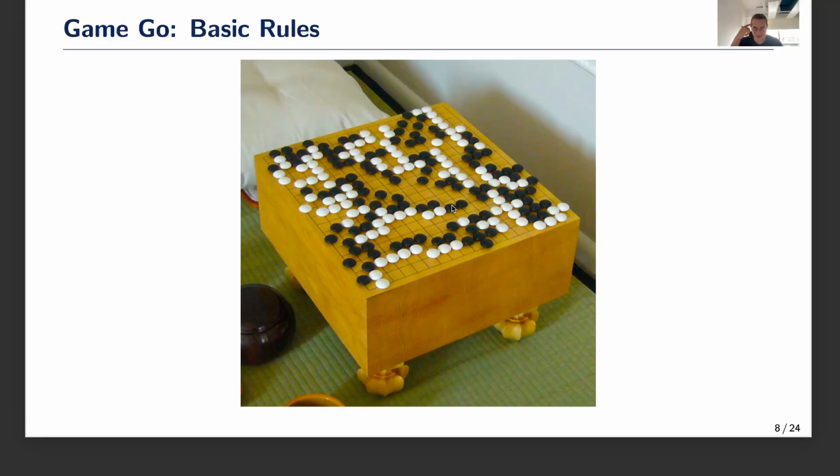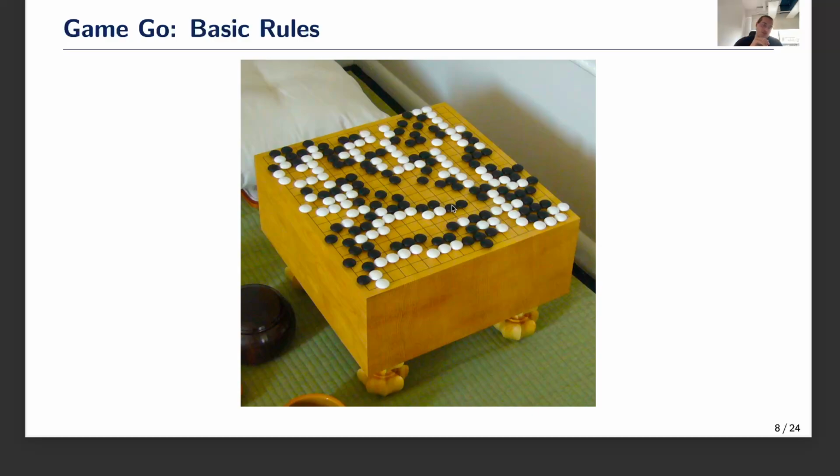And we need to think that the complexity of the moves will rise exponentially. The number of possible board positions in Go is estimated at 10 to the power of 200. That's more than atoms in our universe.